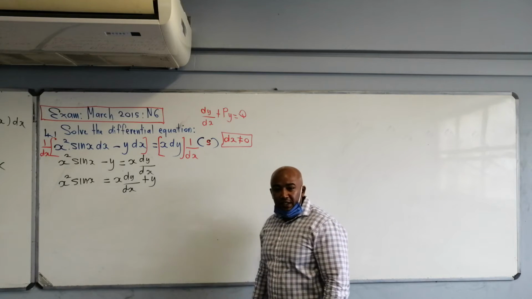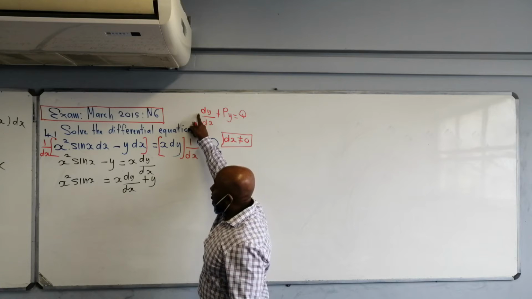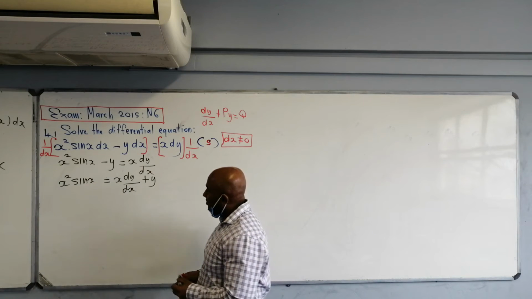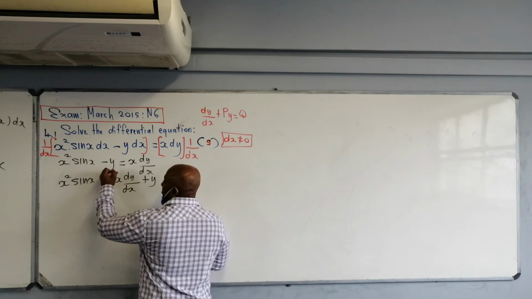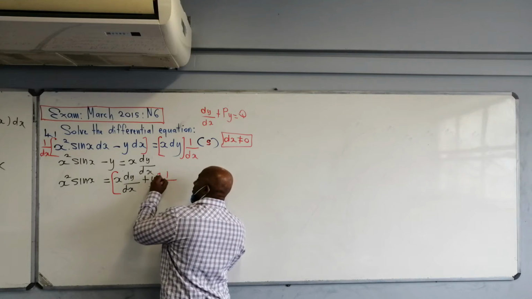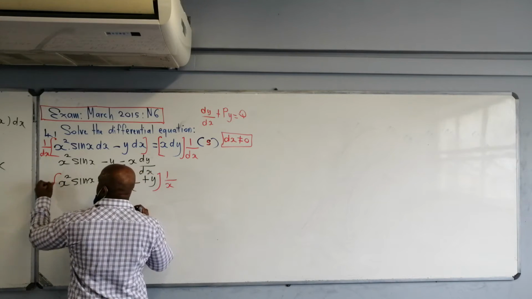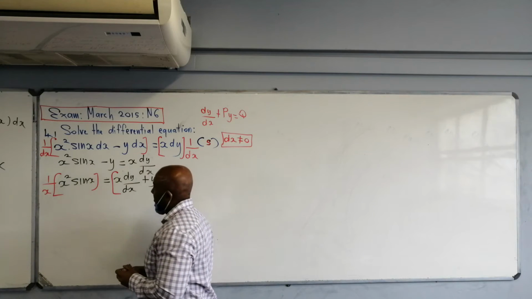Okay, so I'm almost there. Only problem now is the coefficient is supposed to be 1, it is not 1. So what must I do? I don't want this x here, so I will multiply by 1 over x. Whatever I do on the right hand side, you do on the left hand side.